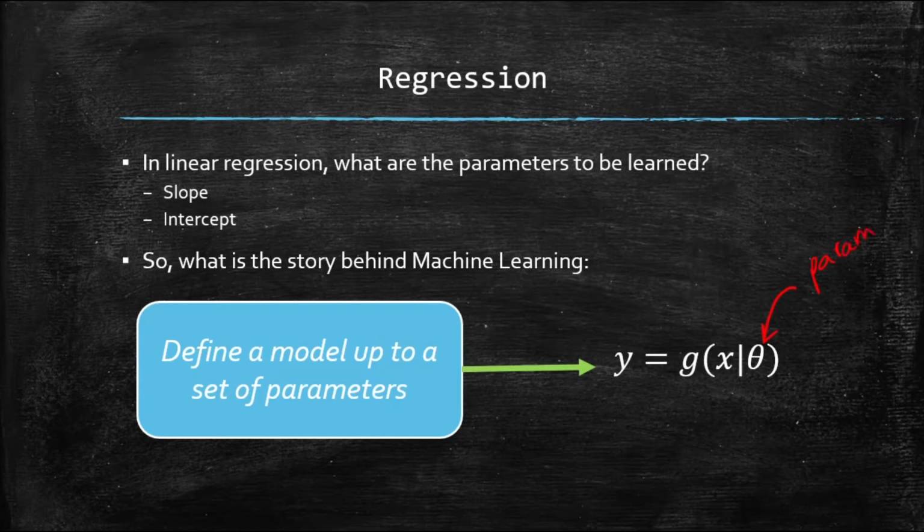And remember, parameters are the ones that are to be learned, right? Pay attention to this one, please. The whole story behind machine learning is that we will define a model up to a set of parameters, and then we will try to learn those parameters to find the best model, right?